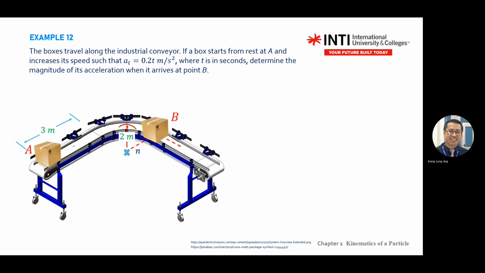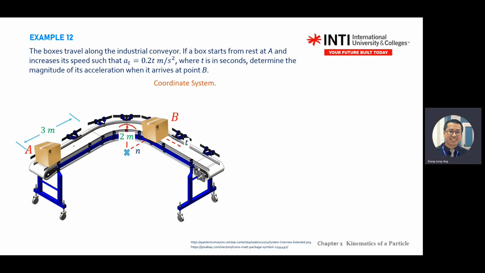How do you solve? First, no matter how complex it is, you see a curve straight away, draw the normal tangent axis. Normal pointing in, at B normal pointing in, although here is a straight line, it's at the end of the curve.